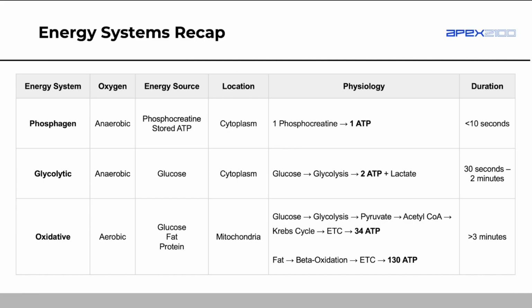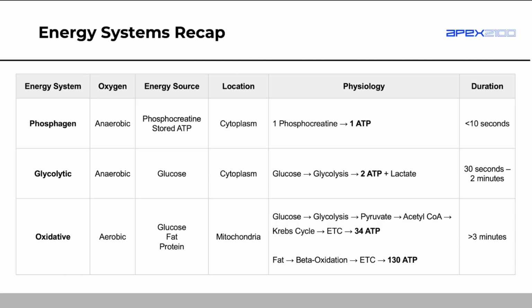And finally, the oxidative system operates aerobically, so with oxygen, within the mitochondria of the cell. This system uses glucose, fats, or proteins to produce ATP. For glucose, it involves glycolysis to pyruvate. Pyruvate gets converted to acetyl-CoA, which carries on to the Krebs cycle and the electron transport chain, where it generates about 34 ATP molecules.